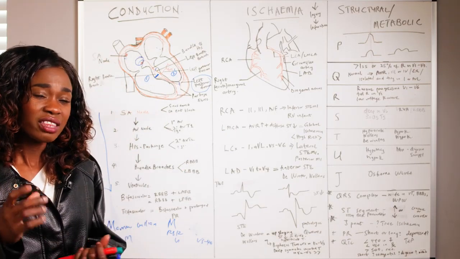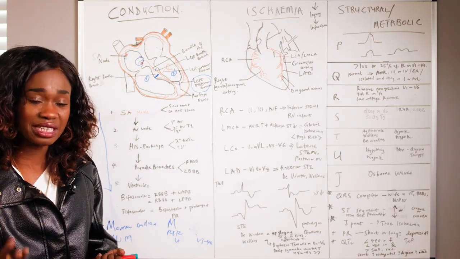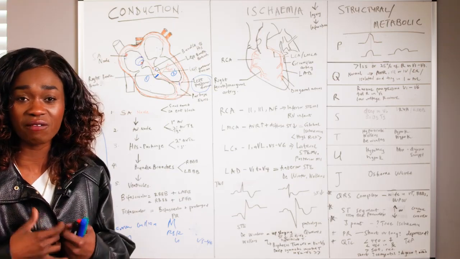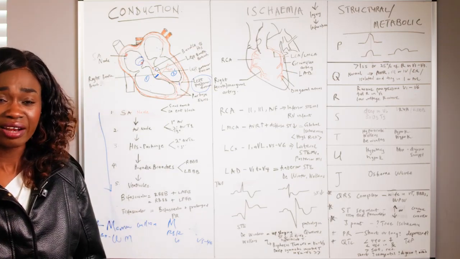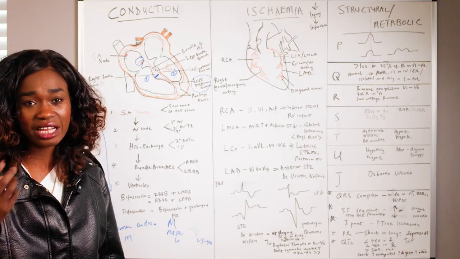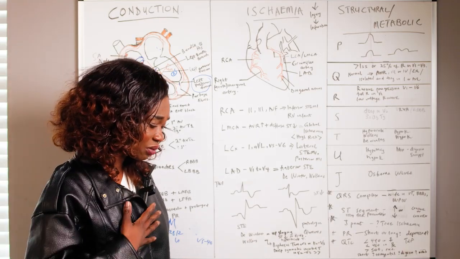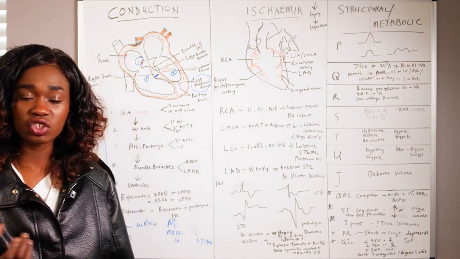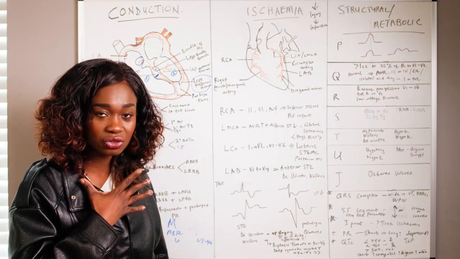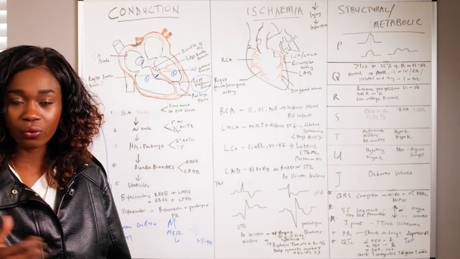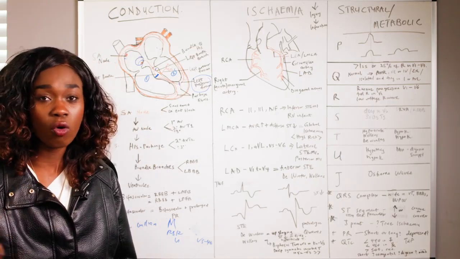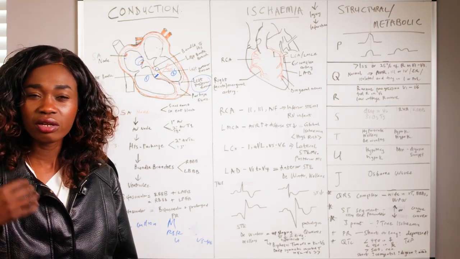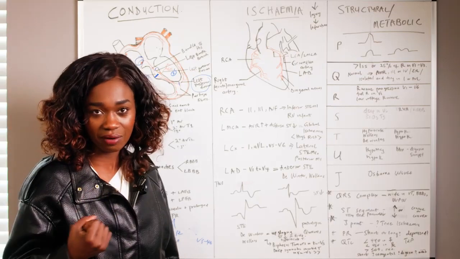But if the heart is struggling, for instance, if the person is exercising or their emotions are very high, and the heart needs more oxygen, then it can struggle. So in a person with stable angina, they will have the typical constricting central or left-sided chest pain, traveling to the jaw, traveling to the throat, and then they can be cold, clammy. But this chest pain will be relieved when they rest.